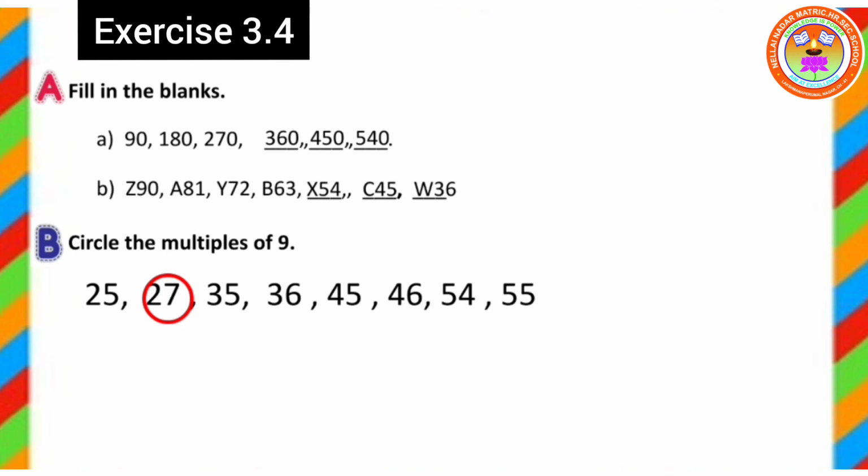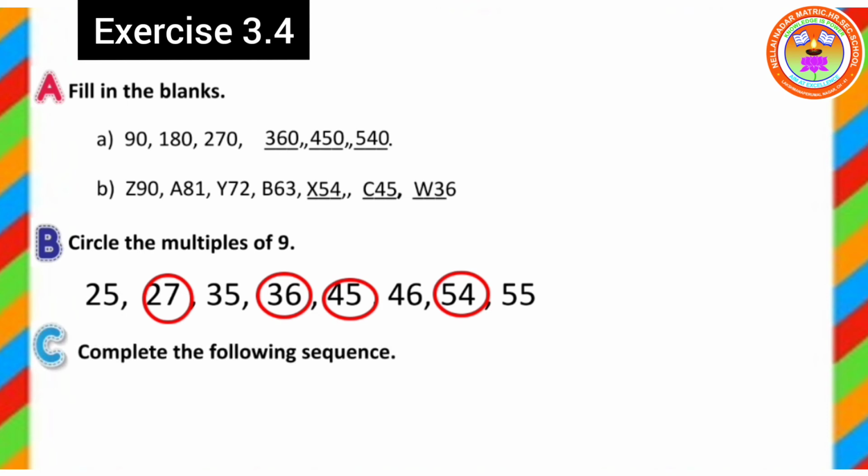That is not a multiple of 9. 3 plus 6, 9. That is a multiple of 9. 4 plus 5, 9. 4 plus 6, 10. That is not a multiple of 9. 5 plus 4, 9. 5 plus 5, that is 10. So, that is not a multiple of 9.